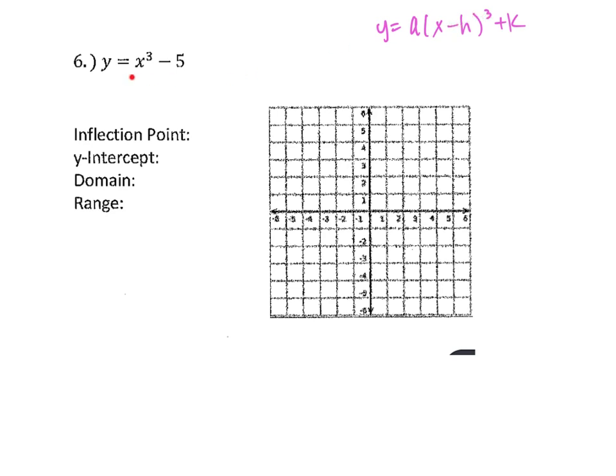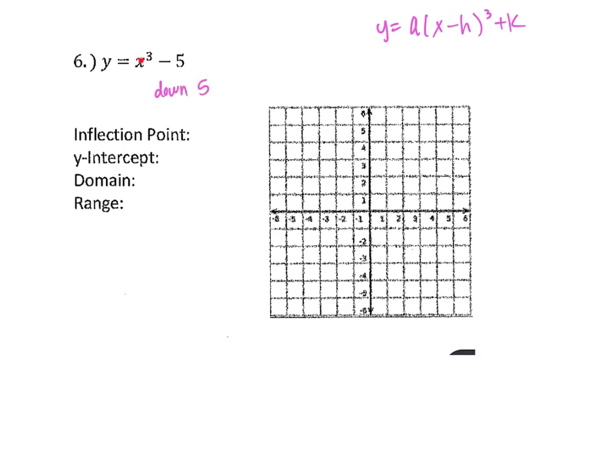So if I were to ask you what this minus 5 represents as a shift, well, this is actually the vertical shift because it's not being cubed. If it was a horizontal shift, it would have been inside a parentheses with this x, but it's not. So this is telling you the vertical shift. This is saying down, because it's a minus 5, so down 5.